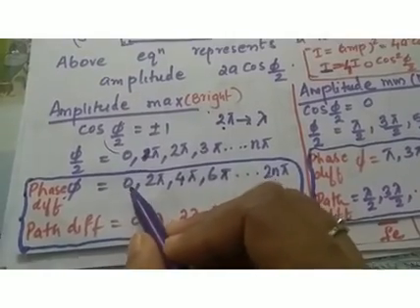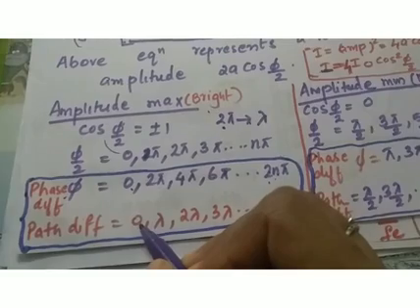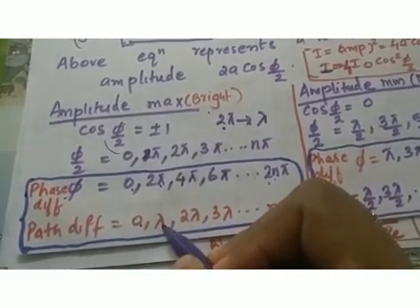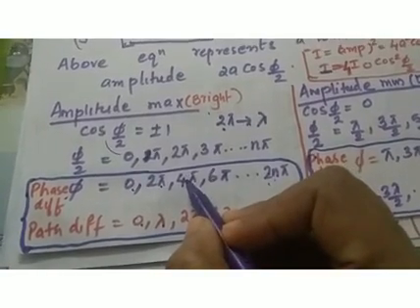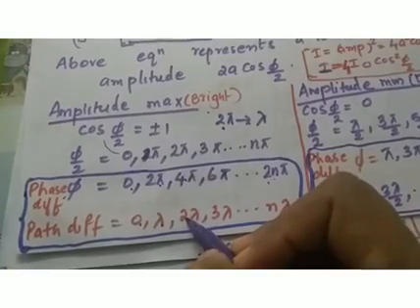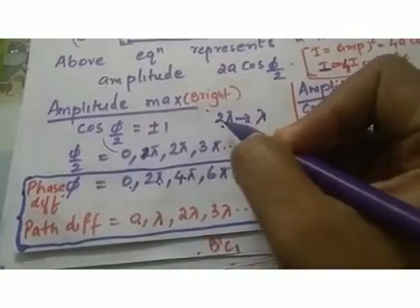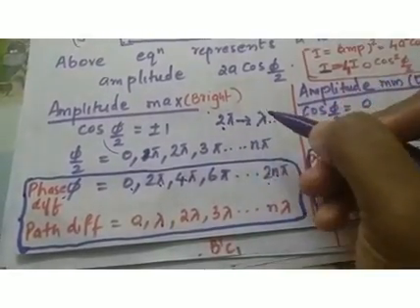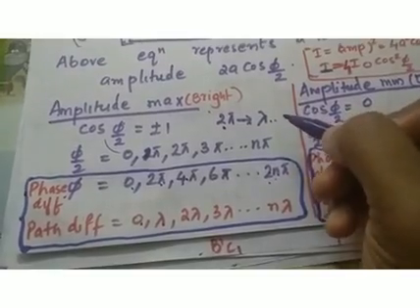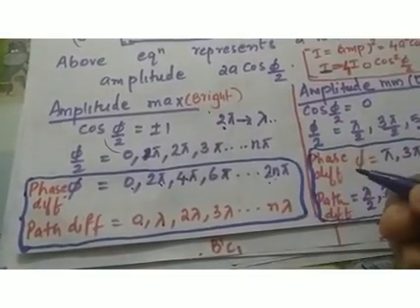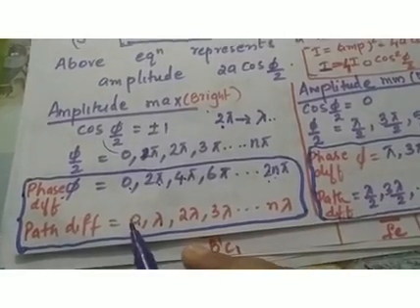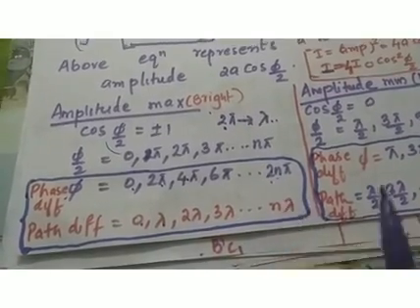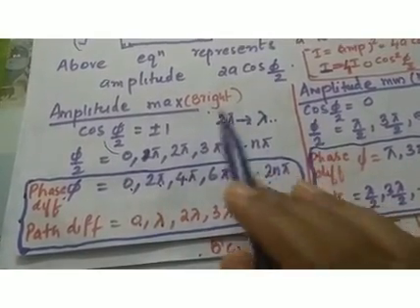Then a phase difference of 4 pi will correspond to a path difference of 2 lambda, because if 2 pi is lambda, then 4 pi will be 2 lambda, 6 pi will be 3 lambda. It goes on like that, and 2 n pi will be n lambda. So when the path difference is 0, lambda, 2 lambda, 3 lambda, or generally n lambda, brightness is obtained on the screen.